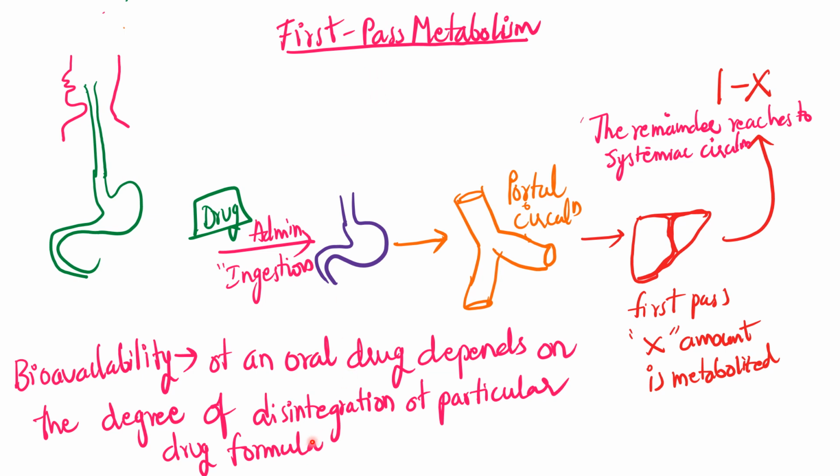If a drug formulation does not disintegrate properly, the drug may not dissolve in GIT fluids, resulting in reduced bioavailability. That's why disintegration of the drug plays a crucial role in determining bioavailability, and ultimately the efficacy of the drug.